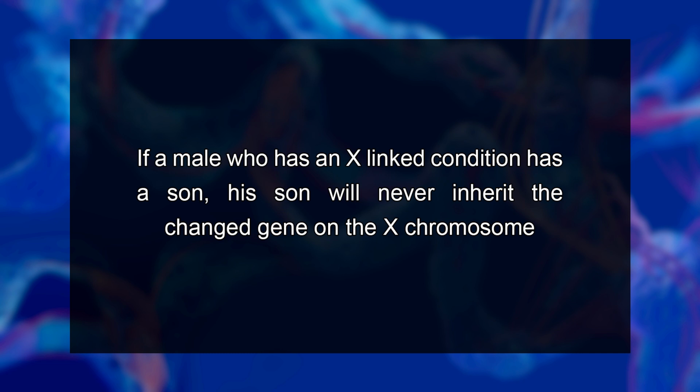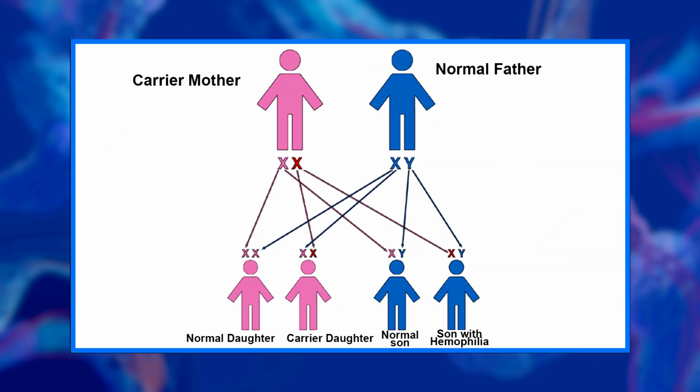The daughters will usually not have the condition, but they are at risk of having affected sons. If a male who has an X-linked condition has a son, his son will never inherit the changed gene on the X chromosome. This is because men always pass on their Y chromosome to their sons. If they passed on their X chromosome, they would have a daughter.